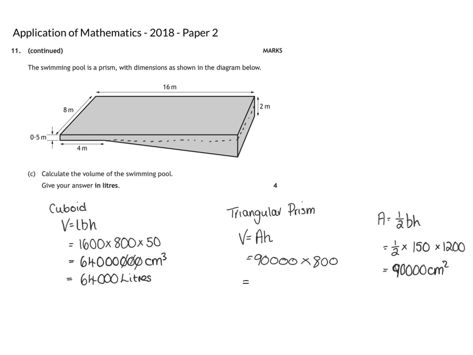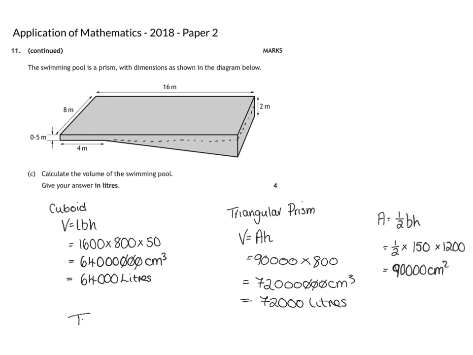And I'm going to get 72 million centimetres cubed. So again, to change into litres, I can get rid of 3 zeros, so I get 72,000 litres.